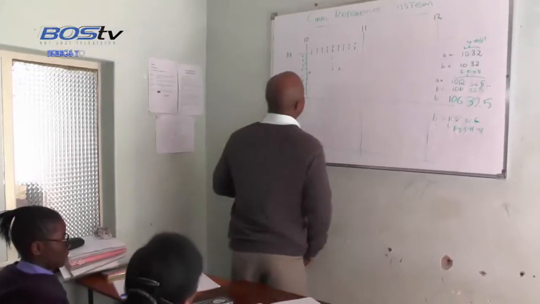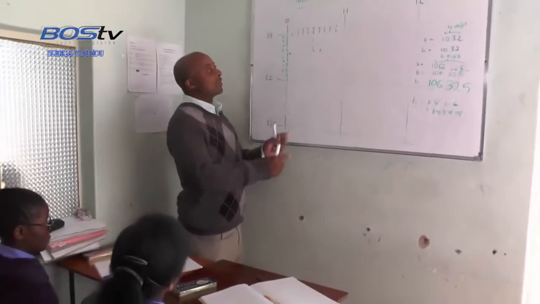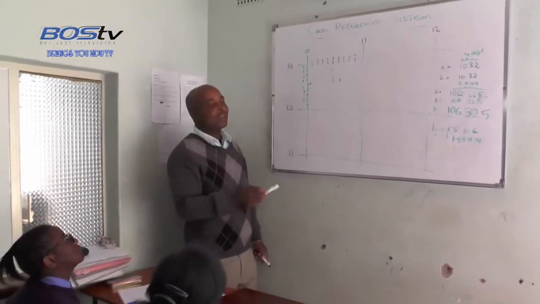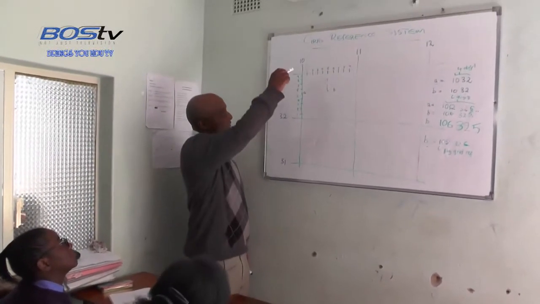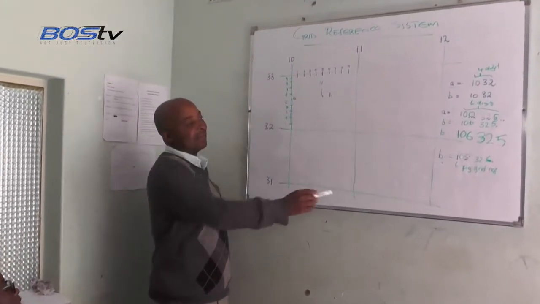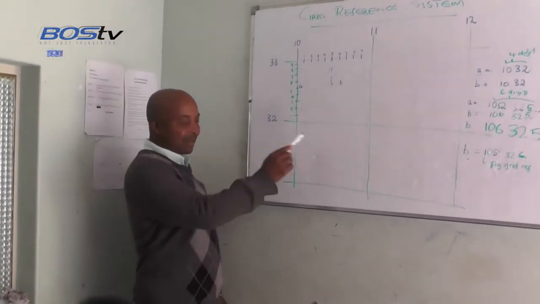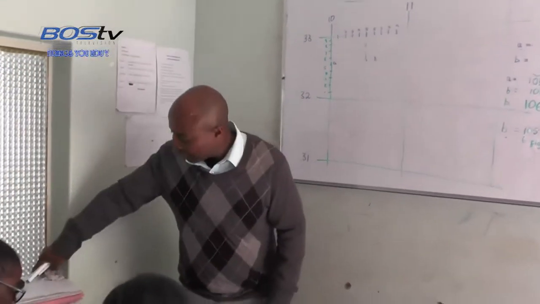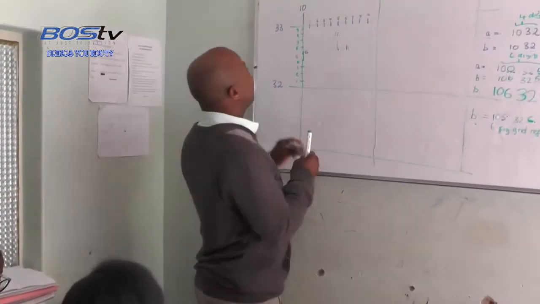So, ladies and gentlemen, what we are saying is the eastings are the vertical lines. The northings are the horizontal lines.